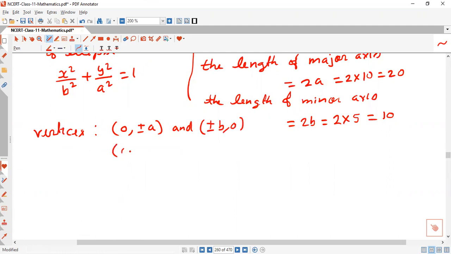So it is 0 comma plus minus 10, a equal to 10, and b we know the value is 5. So it is plus minus 5 comma 0. These are the vertices.